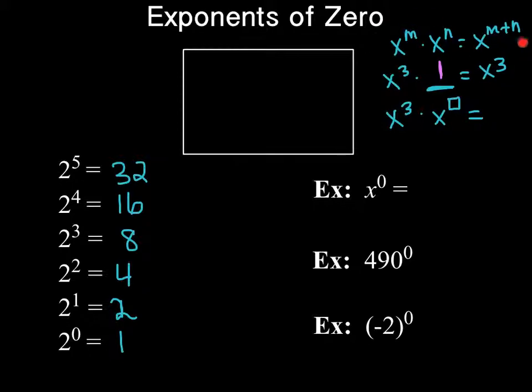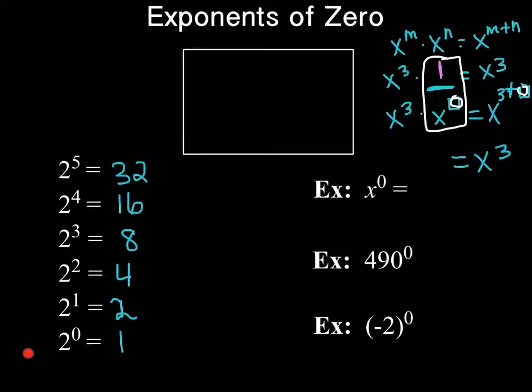Now this rule tells me that since I have the same base, which I do, they're both x's, I'm allowed to add the exponents. So this would become x to the 3 plus whatever goes in that missing box. And let's say I want to get a final answer of x to the 3rd. So I need to pick a number in the box, so that way when I add it to 3, I get 3. The only number that can go in the box is 0, which means that x to the 0 and 1 must be equivalent.